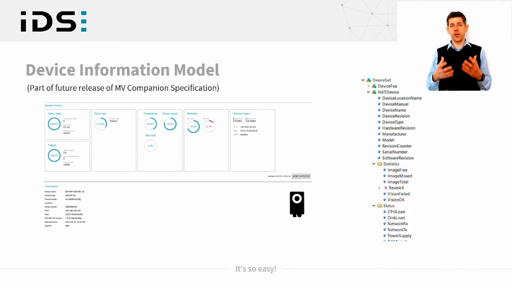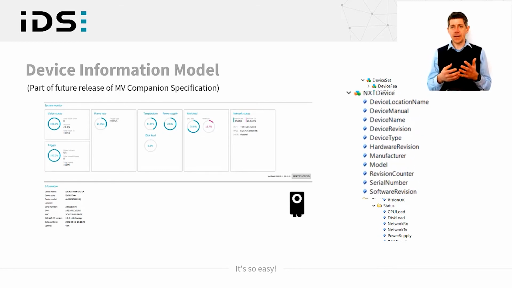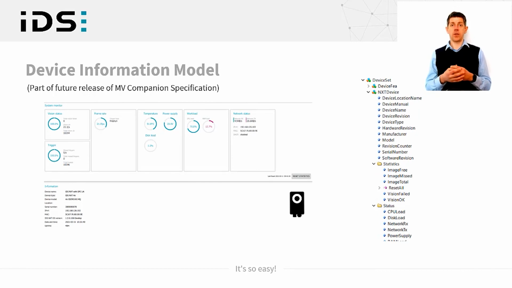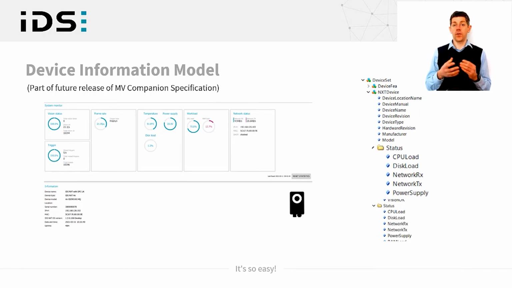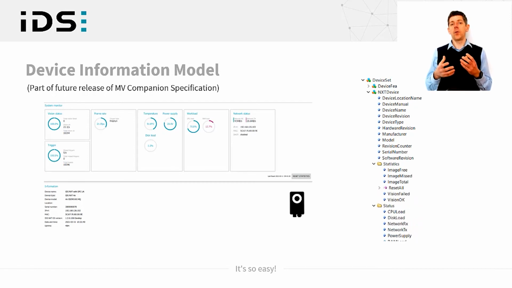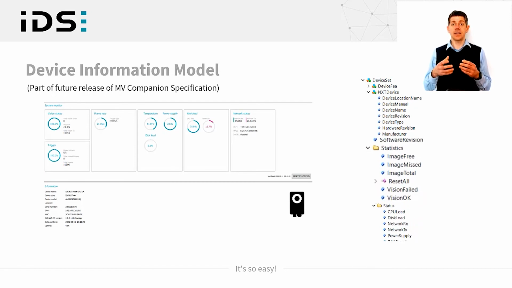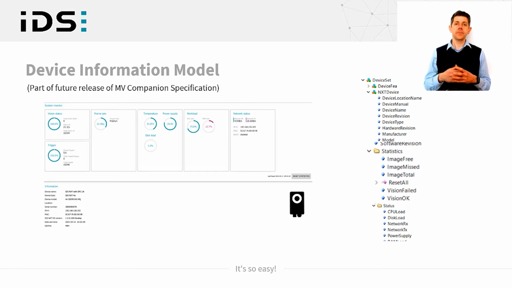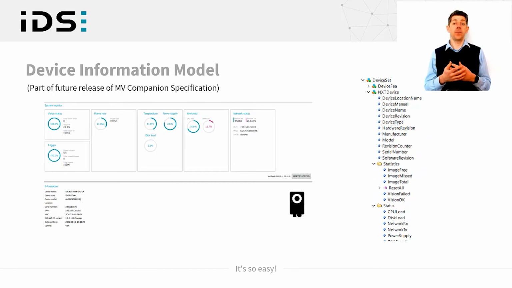So we have high-level system information like the device name, hardware and software revisions, the manufacturer and model of the device, some variable system health details like CPU load, the memory usage, or the power supply levels, and then also statistics such as images acquired, any images that have missed, and the pass-fail count for the vision processing. And this mirrors everything that is available on the NXT cockpit software interface.